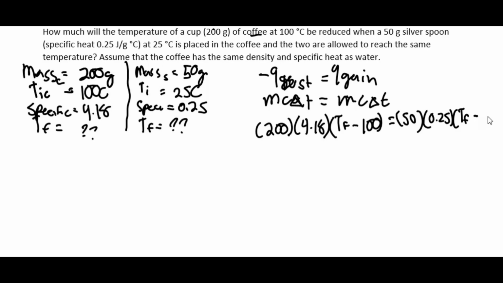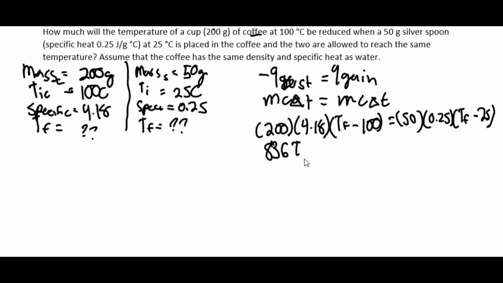And the initial temperature is 25 degrees. So let's try to answer it. So 200 times 4.18, that's 836. So you have to distribute this.